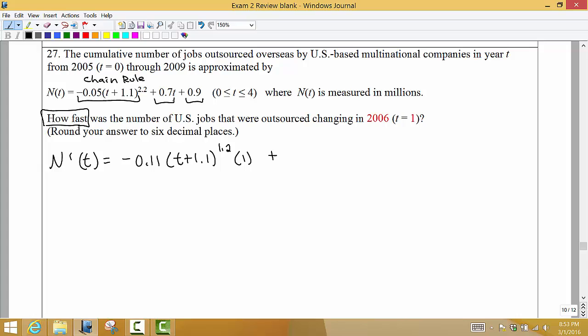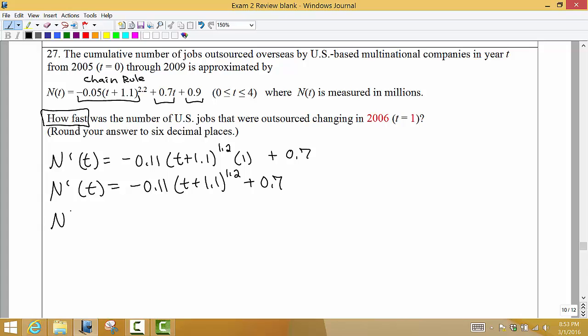Plus, now we're going to take the derivative of the second term, which is 0.7. And of course, the derivative of the last term would be 0. So I'm just going to write this a little bit nicer. So I have negative 0.11 times t plus 1.1 raised to the 1.2 power plus 0.7.